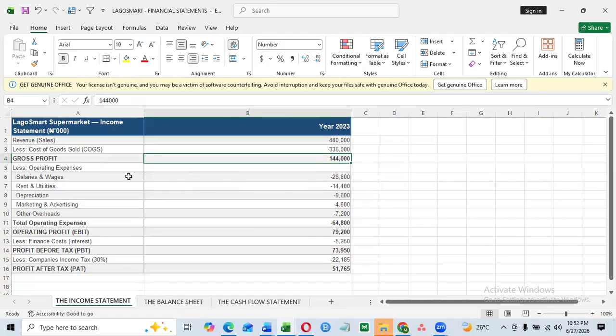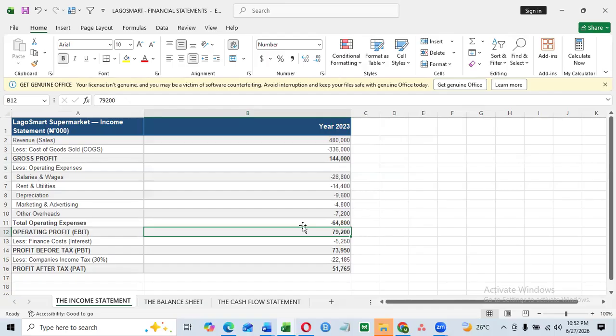Then operating expenses like salaries and wages, rent and utilities, depreciation, marketing and advertising, and other overheads were all deducted, giving us total operating expenses of 64,800, which was subtracted to arrive at an operating profit before interest and tax of 79,200.